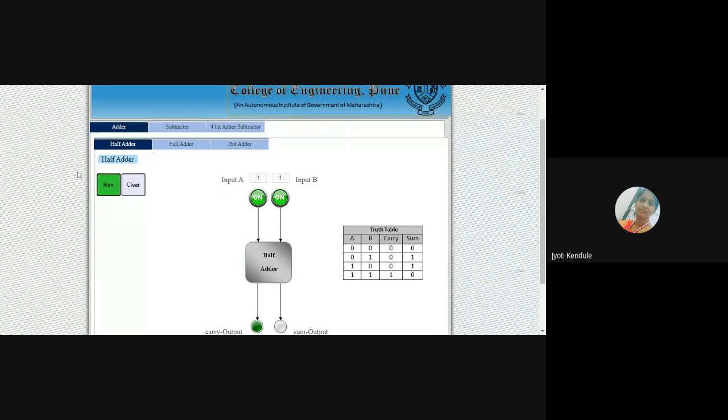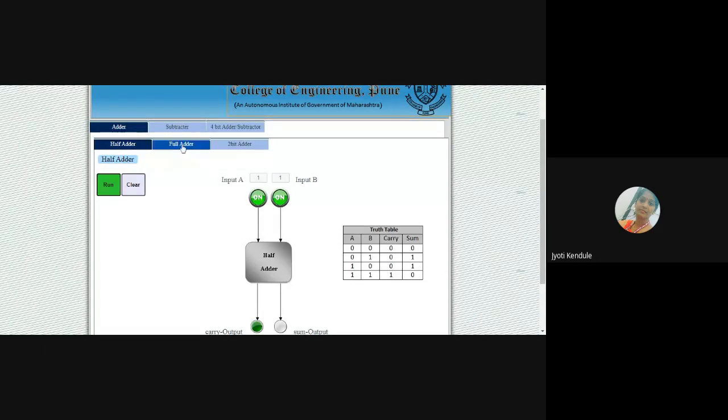So for the full adder, we are going to consider three inputs: A, B, C. कशाची पण addition केली तर output कशामध्ये मिळतं आपल्याला? We are getting the output in terms of sum and carry.